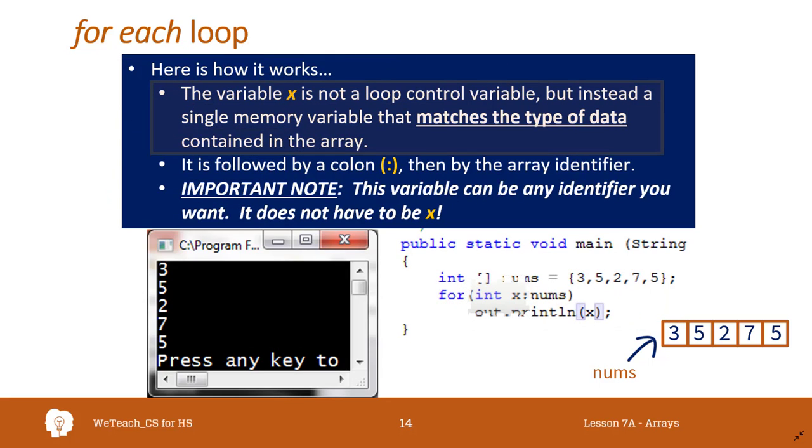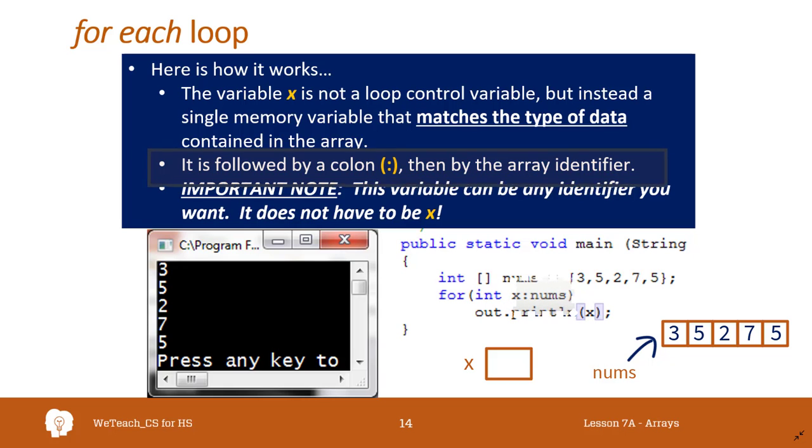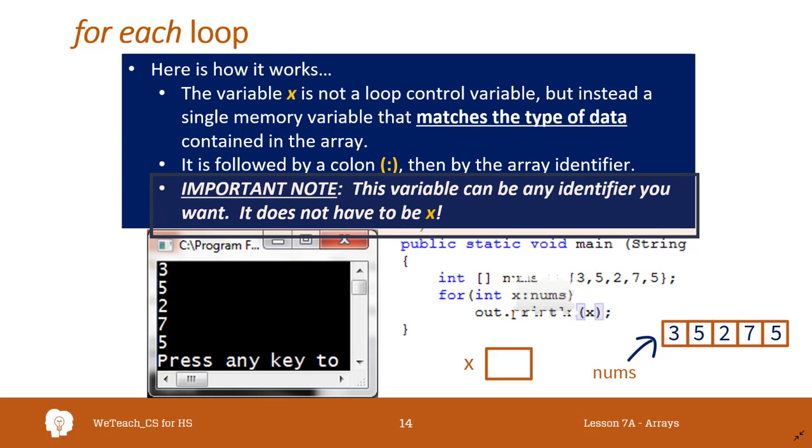The variable x is not a loop control variable, but instead a single memory variable that matches the type of data contained in the array. It is followed by a colon, then by the array identifier. Important note, this variable can be any identifier you want. It does not have to be x.